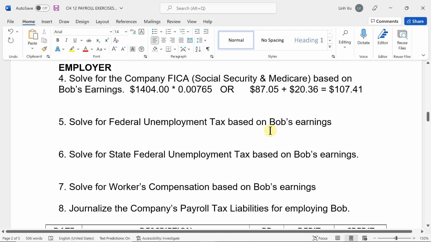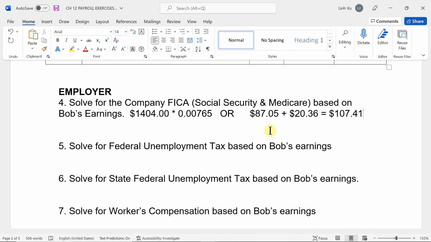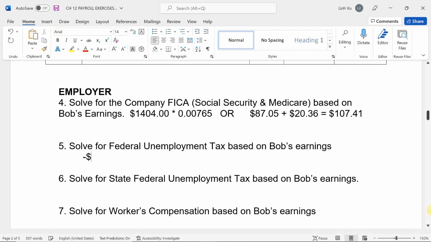All right. Number 5, solve for federal unemployment tax based on Bob's earnings. In this case, if Bob earned a total of $14.04, how much federal unemployment am I subject to pay?